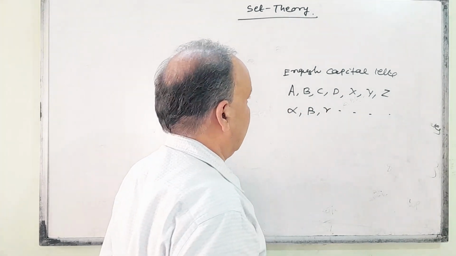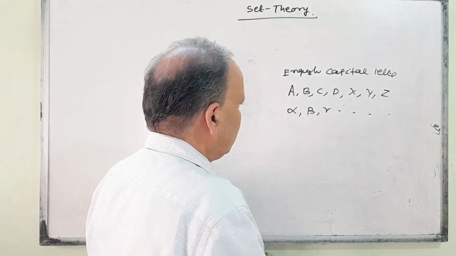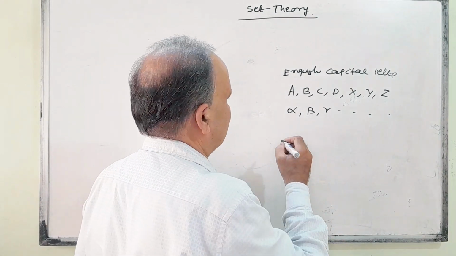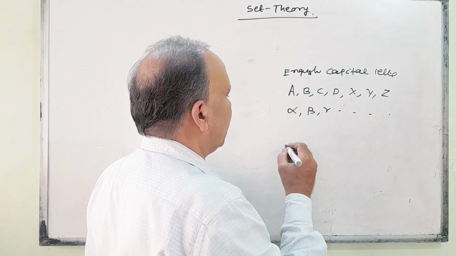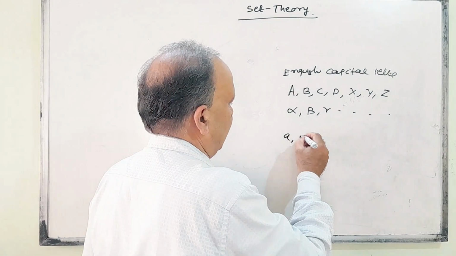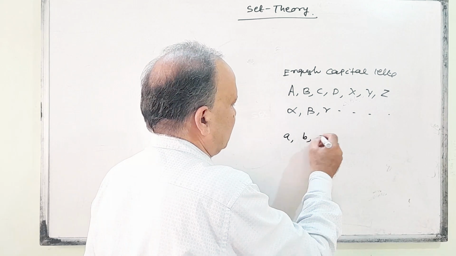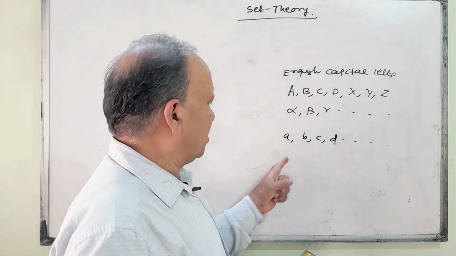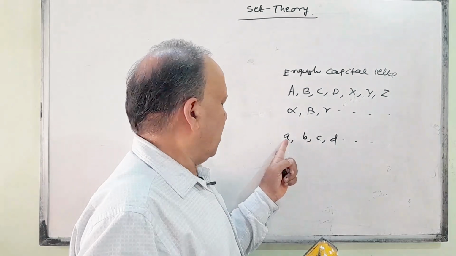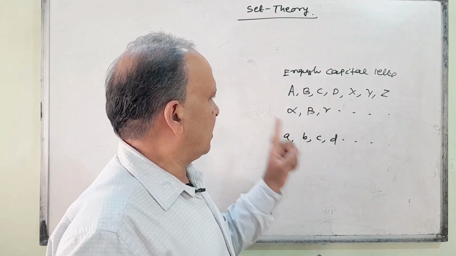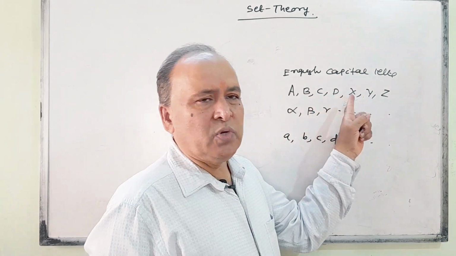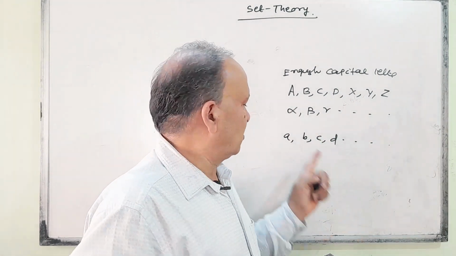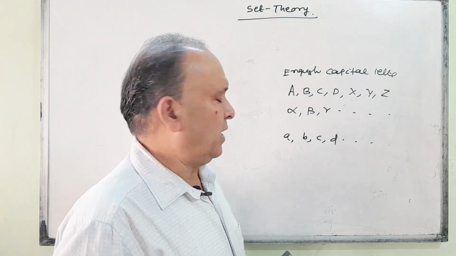The general representation of elements is generally English small letters, like a, b, c, d. For general representation, we use capital letters as the name of the sets and small letters for the name of the elements.